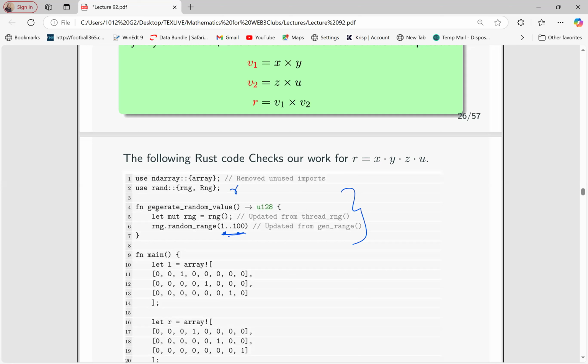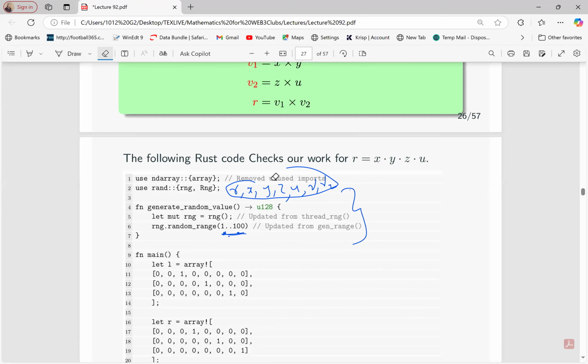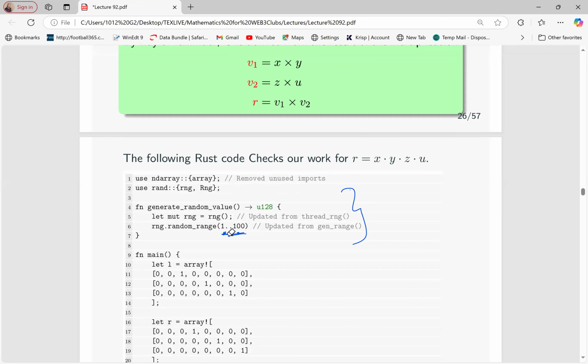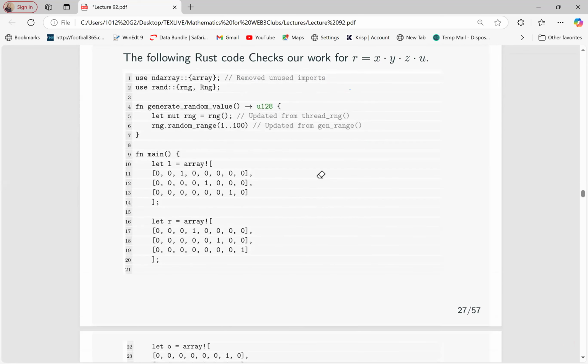It's not giving you R, it's giving you X, Y, Z, U, then V1, and V2. The 1 is obvious. So that is what I asked it, to generate random values, so it will be giving me witnesses randomly. That is, if you claim to know what R is, then you need to have this part that will be generating the random values for you.